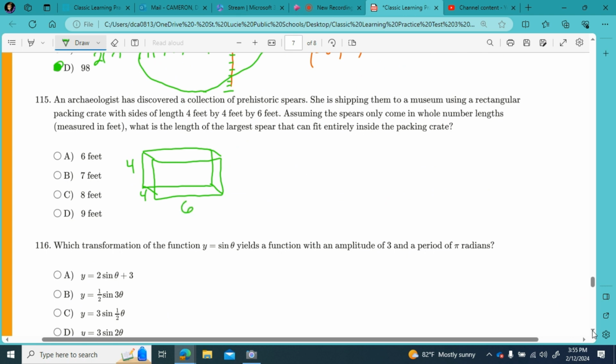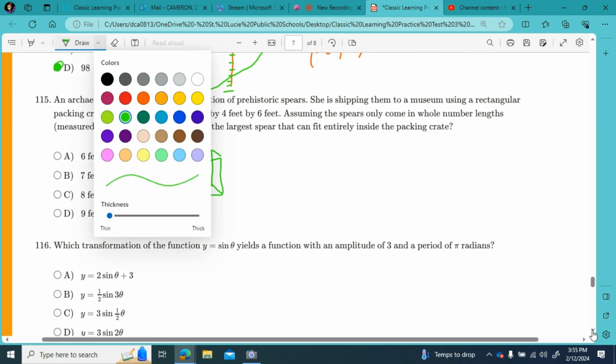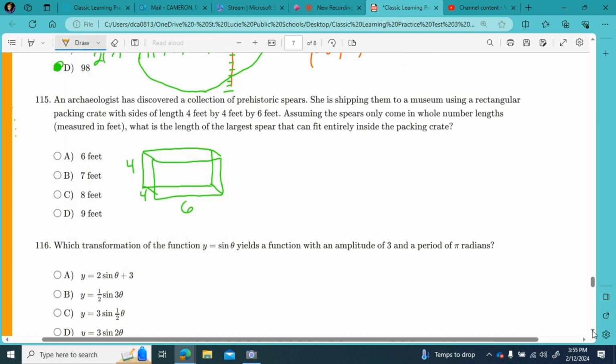And we want to find out what is the largest spear that we could fit across the box from the corner at the back to the corner at the front. Call this x. I want this to go from the corner of the bottom to that corner over there at the back.